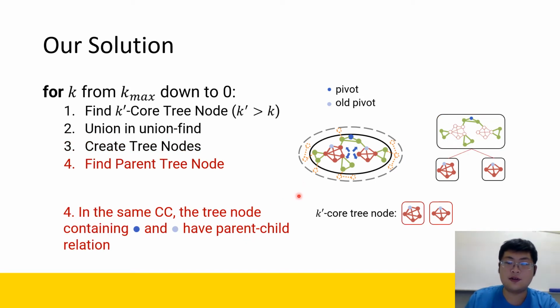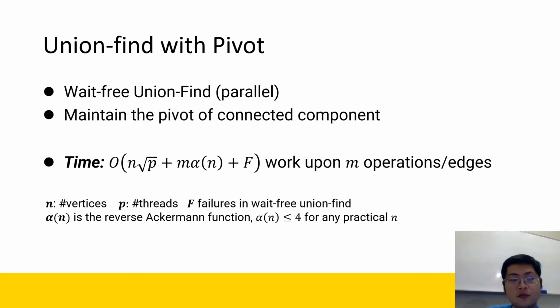After that, if it's in the same connected component, the tree node containing those new pivots and the old pivots would have a parent-child relationship, and we can find those relationships here and store them.